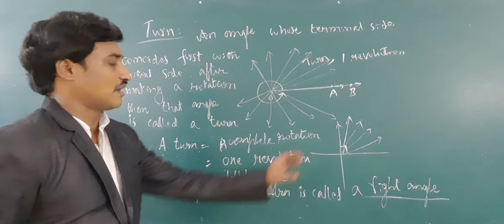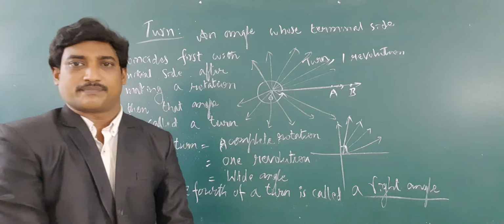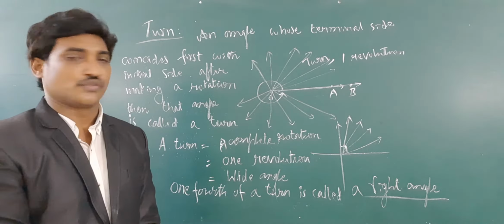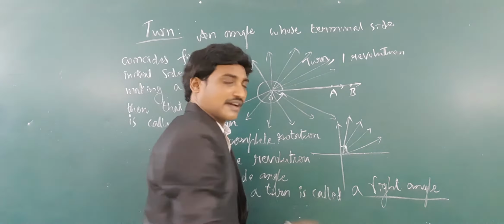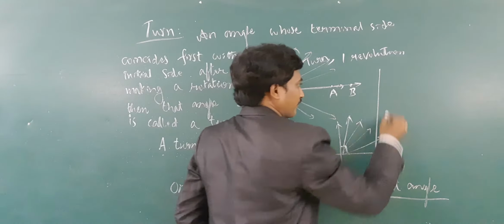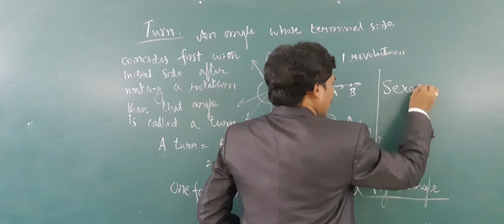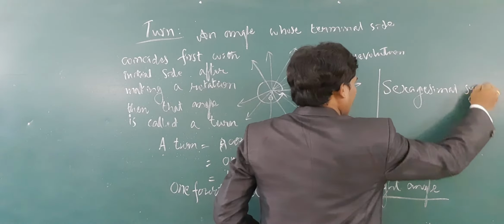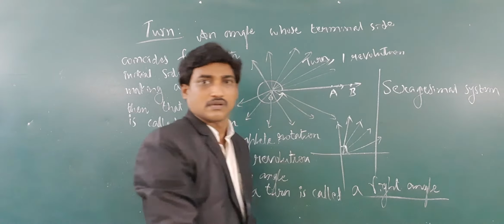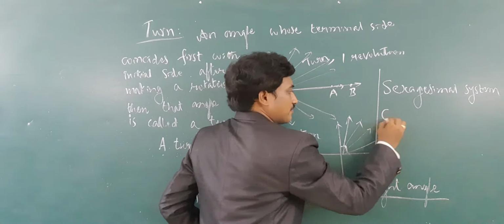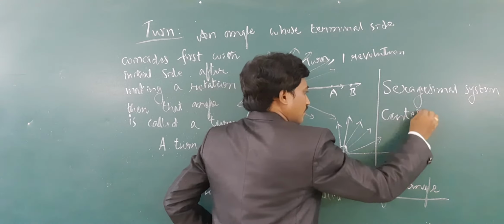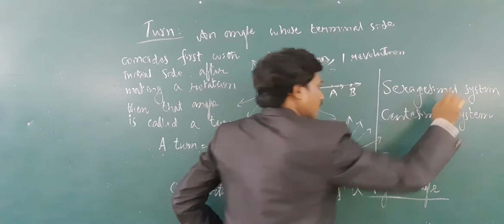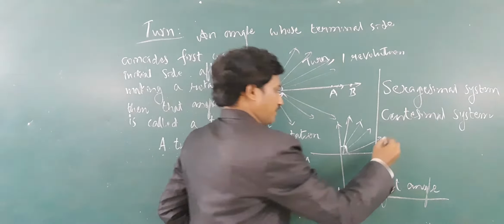To measure these angles, we have different systems. Those are sexagesimal system, centesimal system, and circular measure.